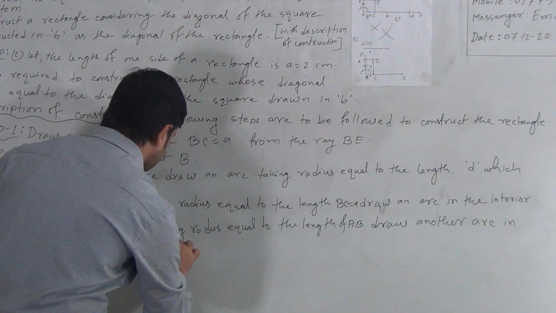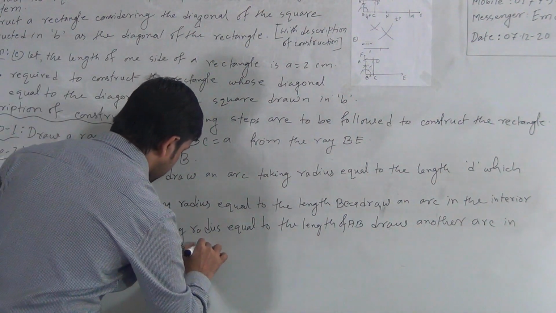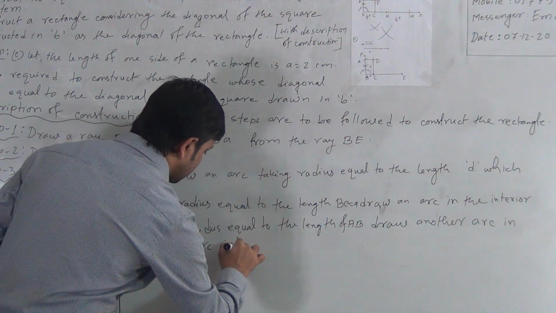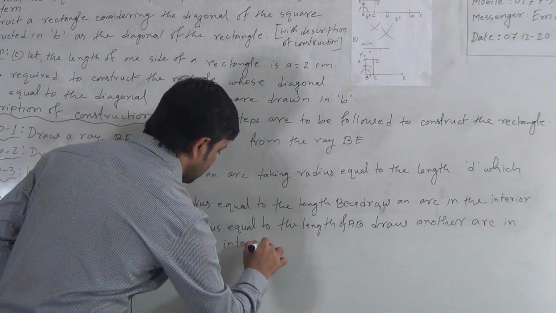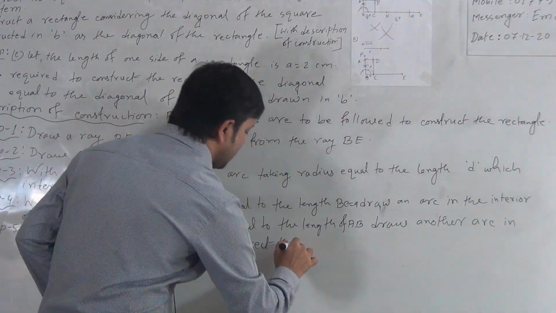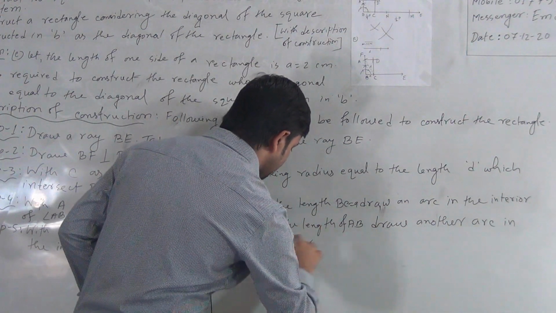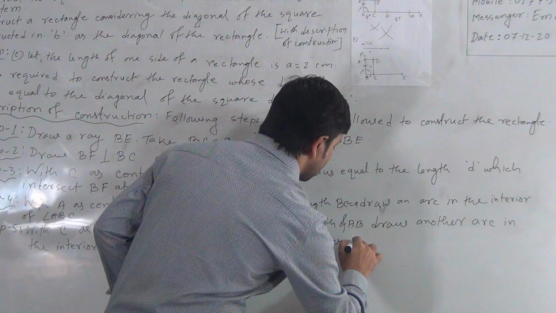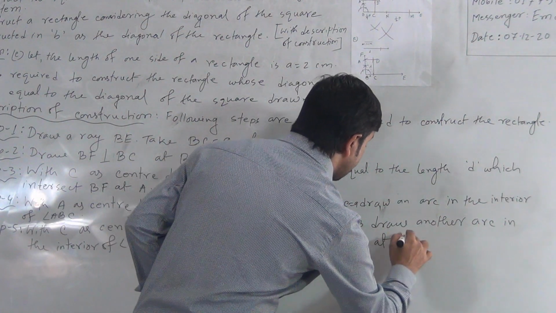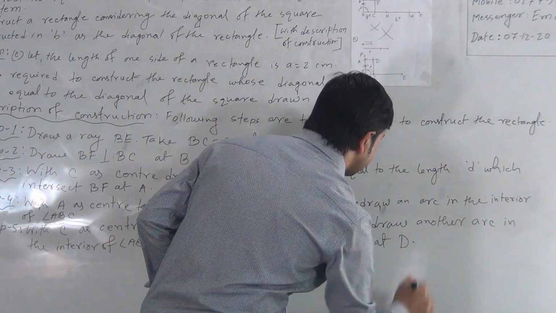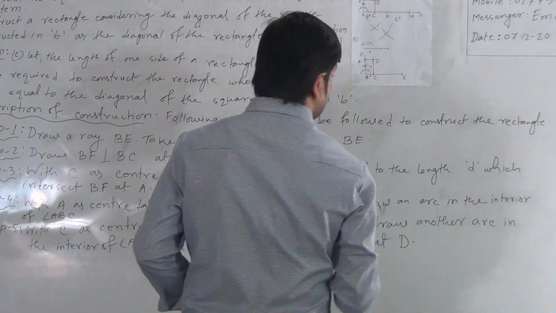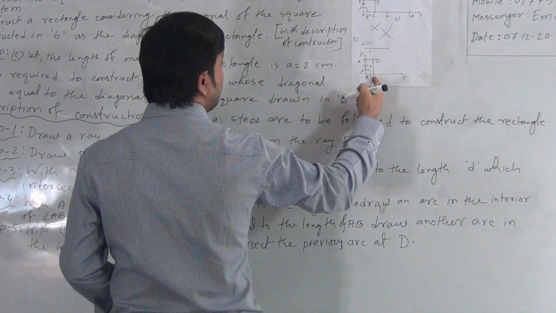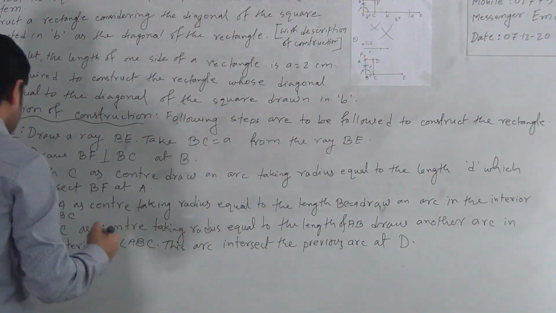This arc intersects the previous arc at D. Now join AD and CD.